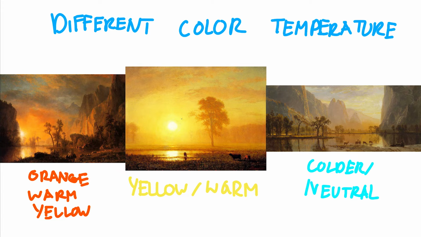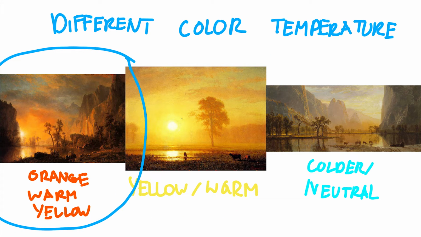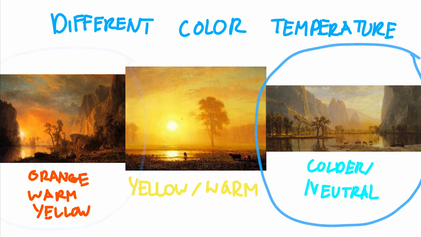The Sunset Over the Plains is definitely the warm and really yellow one. The warm yellow and orangey sunset, which is slightly more on the neutral side, is Sunset on Rockies, and the coldest sunset out of all three paintings is Yosemite Valley.